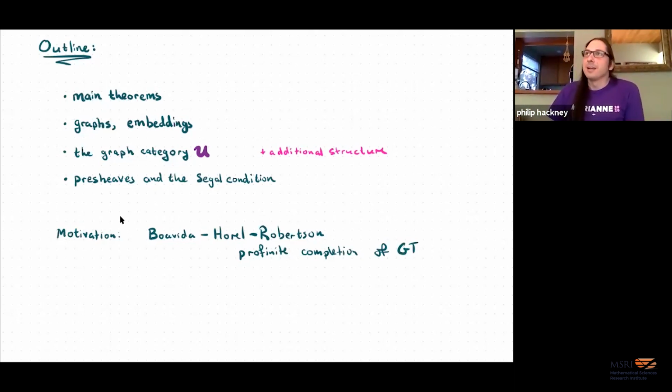Their idea is to look at some pro-finite completion of some modular operad and see how it acts. Generally, taking pro-finite completion of something breaks any kind of strict structure you have, and so they end up with something that's just weak. So they need some weak version of modular operad, and that's what we'll be discussing today.